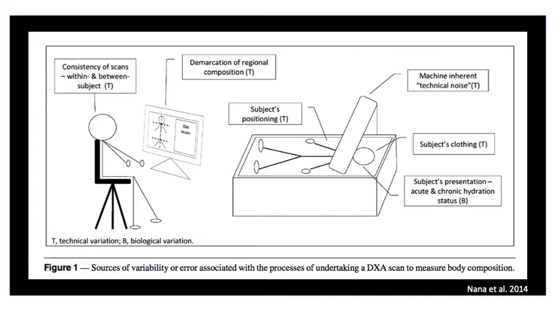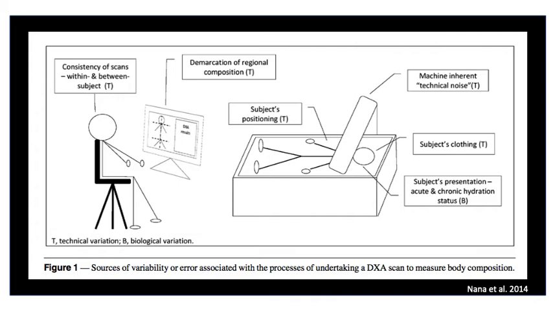The subject's clothing is a form of technical error. If one time you get scanned fully clothed versus the next time you're just in your undergarments, that's going to be different, because your clothing has to be quantified as one of the three variables: bone, fat-free mass, or fat mass. So you want to ensure that you're consistent each time in how the person presents themselves, that they wear the same clothing every time.